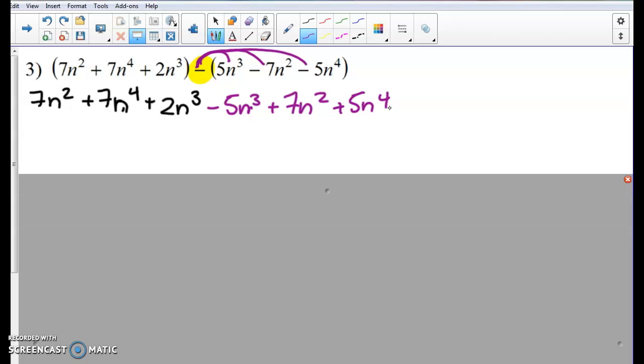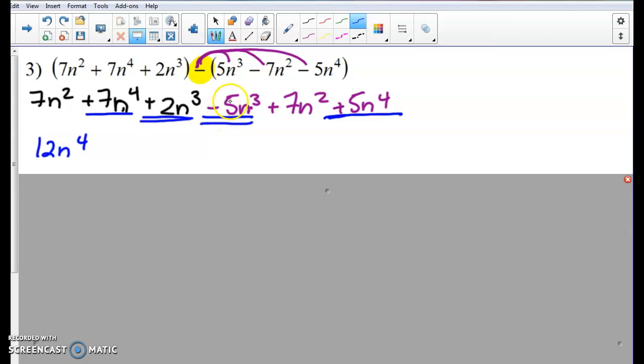And now we combine our like terms. So we want to find the highest exponent again. It's a positive 7n to the 4th. And down here I have another 5n to the 4th. So we just add those coefficients. 7 plus 5 is 12n to the 4th. Next, my next highest is 2n cubed minus 5n cubed.